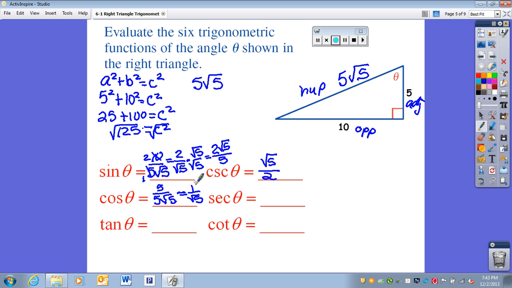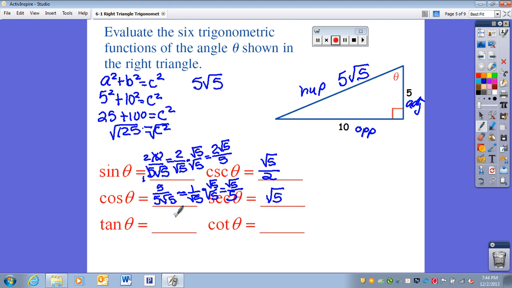I'm going to stop there for 1 second to do the secant, which is the inverse of our cosine, which is the square root of 5 over 1, which is simply the square root of 5. Now I'm going to come back and simplify this by rationalizing the denominator. So I'm going to multiply both the numerator and the denominator by the square root of 5. And that gives me the square root of 5 over 5 as my cosine.